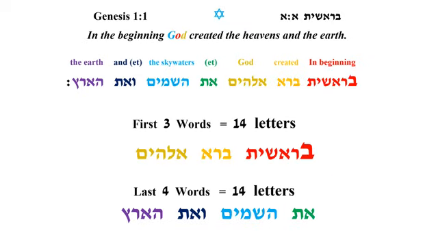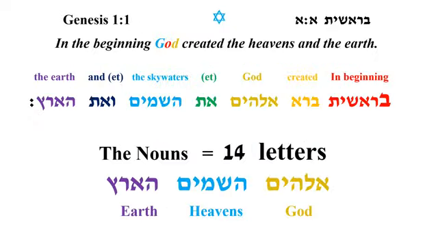If you take the first 3 words of Genesis 1:1, Bereshit, bara, Elohim, that's 14 letters, which is divisible by 7. If you take the last 4 words of Genesis 1:1, Et Hashemayim, Va'et Haaretz, 14 letters. If you take the nouns, God, Elohim, and heavens, Hashemayim, and Haaretz, it adds up to 14 letters.